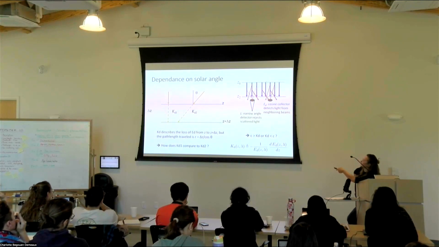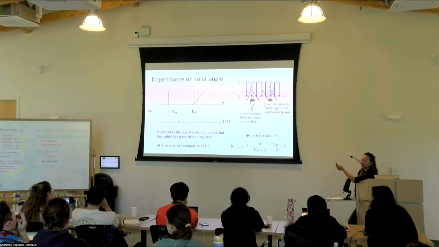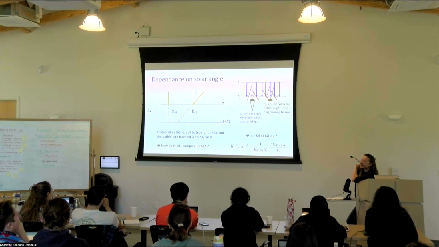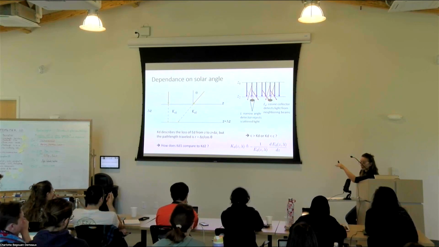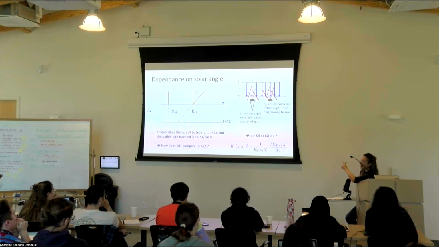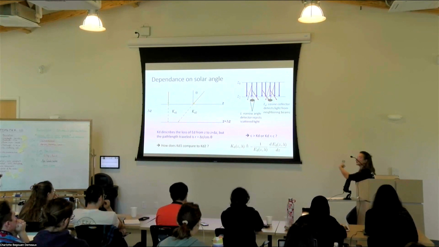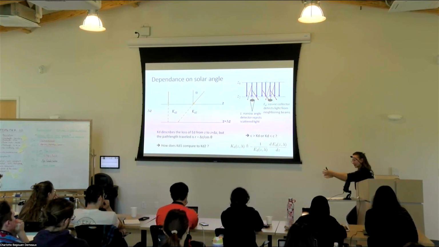Okay, let's think about it. KD1? Sorry, KD2. Because it has more path to travel in the same light, it will be attenuated more, right? Because it has to travel more, so more things will happen to this beam of light.